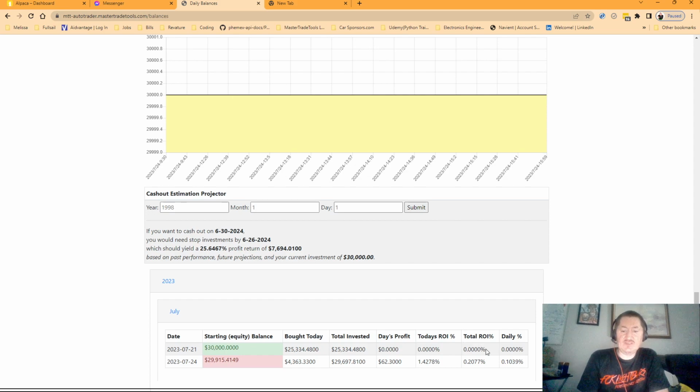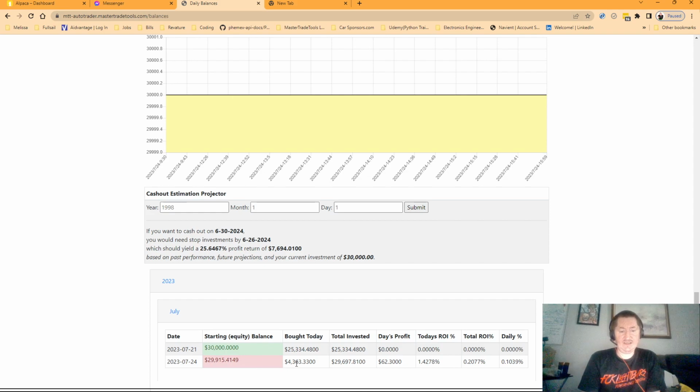And then the total ROI, this is the one that I was trying to explain, basically takes your total profit. So in this case, it'd be 0. But if you go down to the next day, it will take the combined value of each of the day's profits for as long as the application has been running and divide it by your initial investment, which in this case would be 30,000.